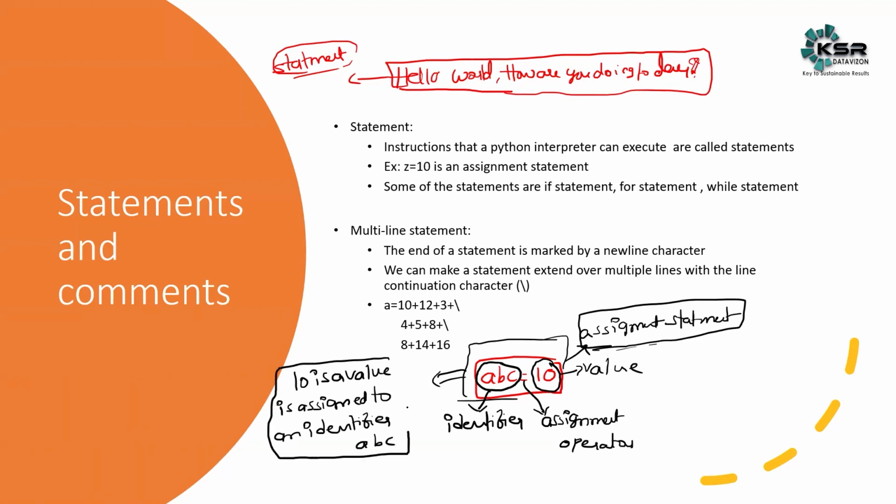Read it. Is it correct? So how do you read it? 10 is a value, is equal to means assigning, is assigned to ABC, which is nothing but the identifier ABC.